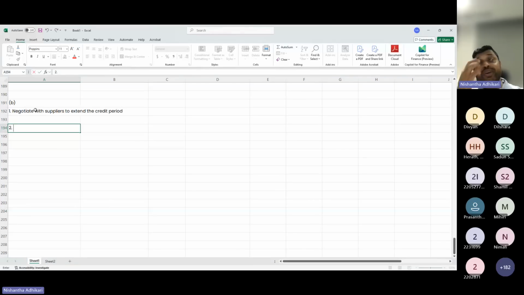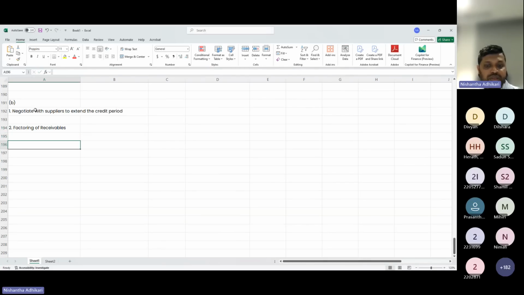Number two, if you have long outstanding debtor balances, you can factor your debtors, factoring of receivables. Then obtain short-term loans. Those are some modes of financing arrangement.